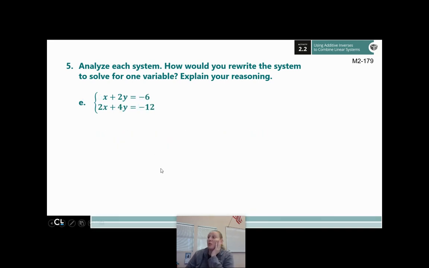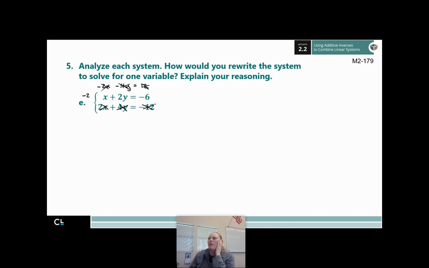Oh, and this one as well. I noticed a naked x. I saw the naked x and I thought, oh, I'm going to multiply that by -2. So I decided to multiply the first equation by -2, but then I realized something. If I did that, -2x and 2x cancel out, -4y and 4y cancel out.